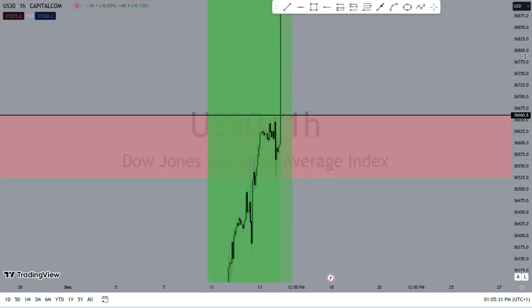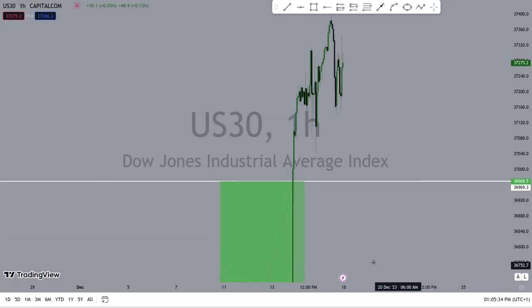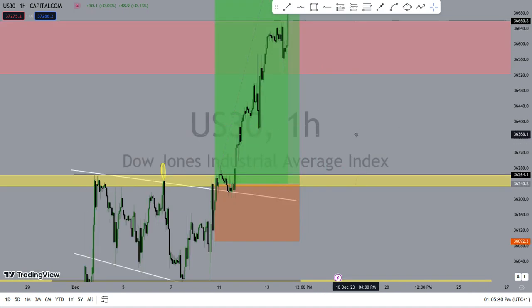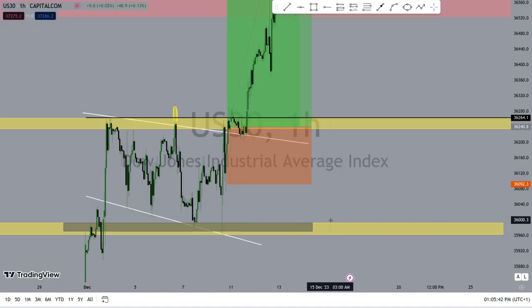You see, it hit our TP and continued going further up to the upside. So the US 30 trade went according to our prediction. That's that for US 30.